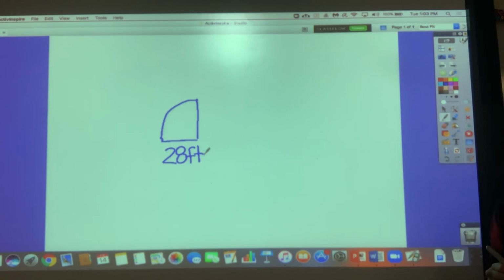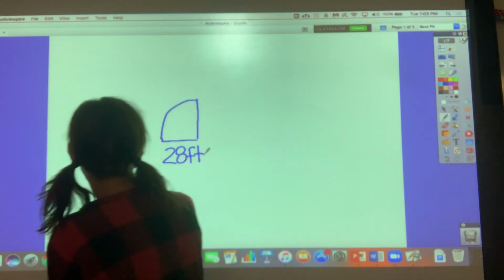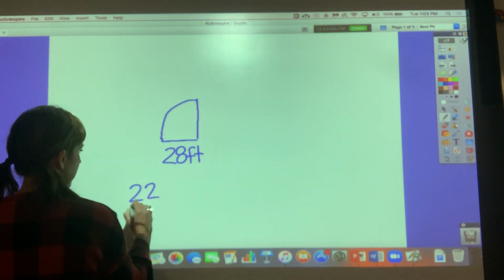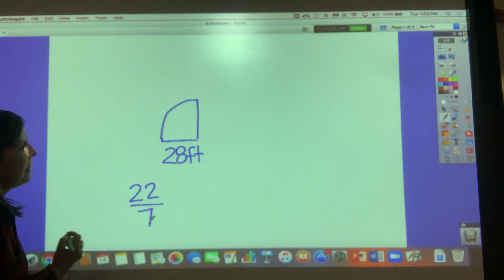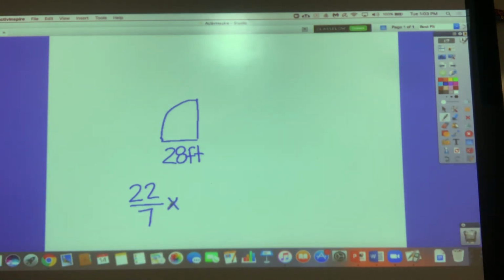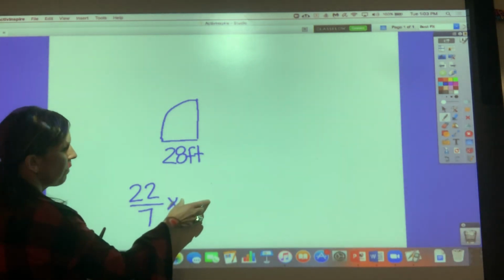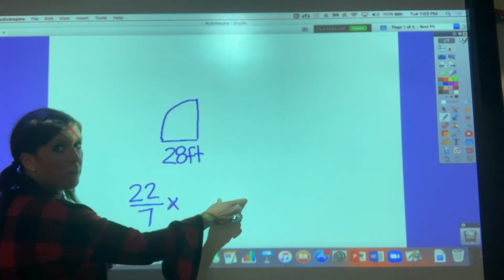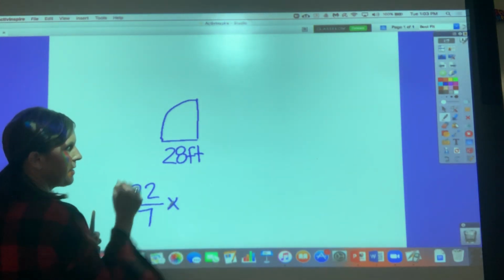So we have circumference equals pi times diameter. Let's use 22/7 for pi, times the diameter. You could do 2 things here. You could write 28/1 times 2/1, or you could go ahead and double 28.